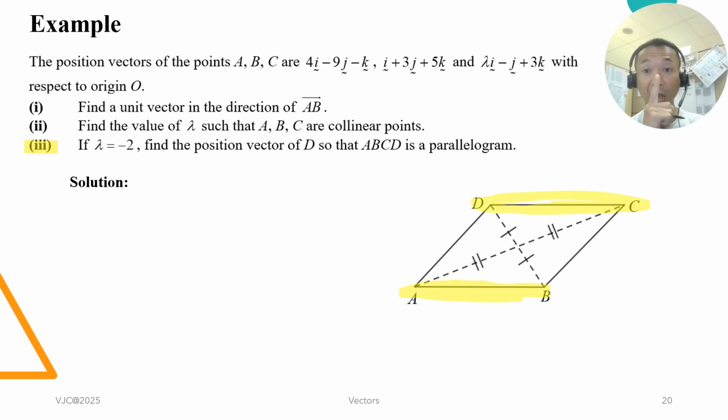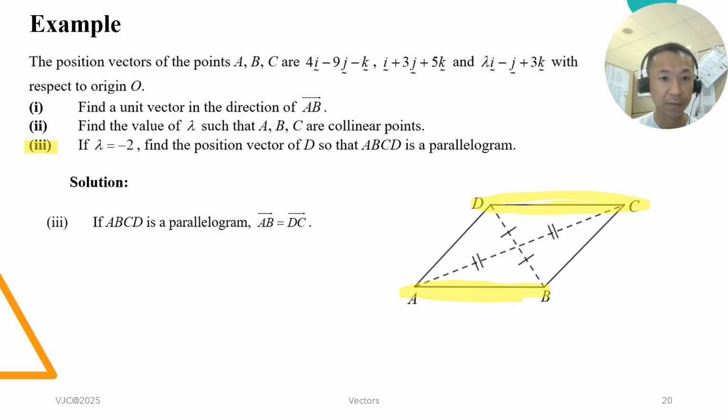I say vector, I'm not saying length only, I'm saying vector because in a vector there are two parts to it. One is the direction, parallel, and the other is magnitude. So this is the idea that I'm going to use. If ABCD is a parallelogram, AB vector equals DC vector, which means this.